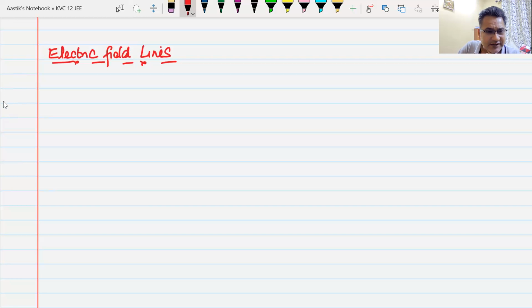Electric field lines. What do you understand by electric field lines? Anyone, any idea? Someone said that electric field is already being covered. So can you tell me what do you mean by electric field lines? Or electric lines of force. What do you understand by electric lines of force? Tell me. No one knows it?